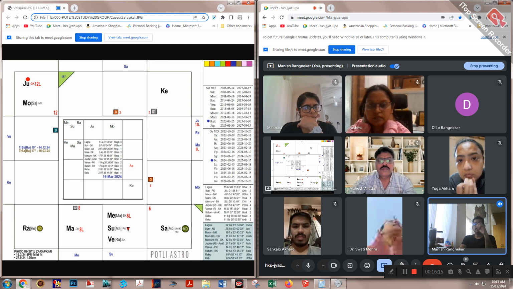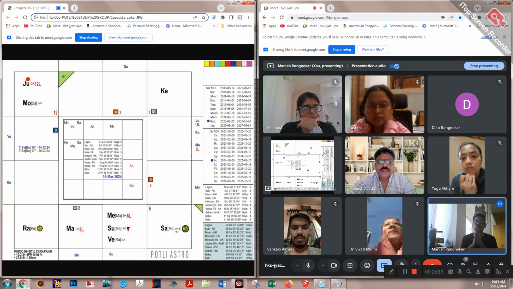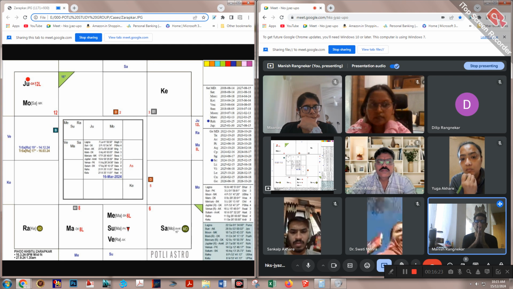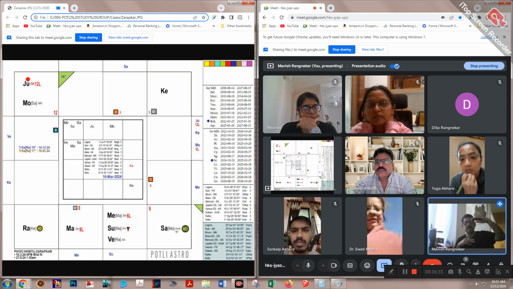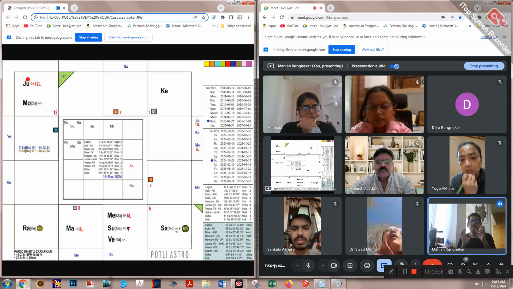Correct? Now, in Lal Kitab, there is one theorem called the Mushtarka period. Mushtarka only, no? If I remember correctly. Mushtarka period is like an overlap. Two things will not match like this, they will match like this in a sense. You understand? Just as when a thatched roof is put up, the thatch is not put like this, it is overlapped one over another. So that is the Mushtarka period.